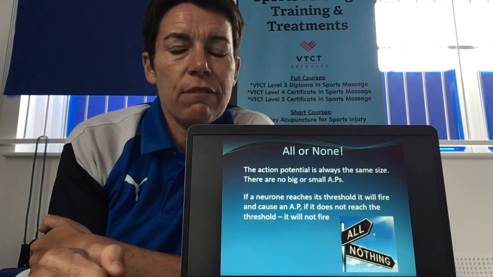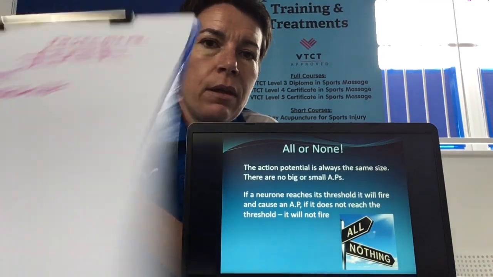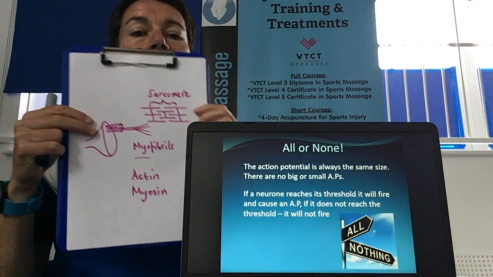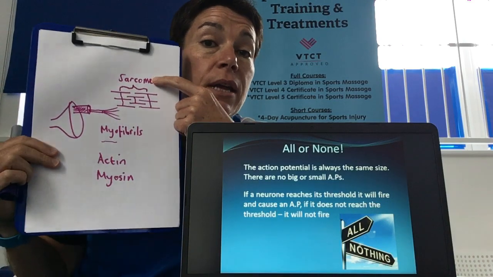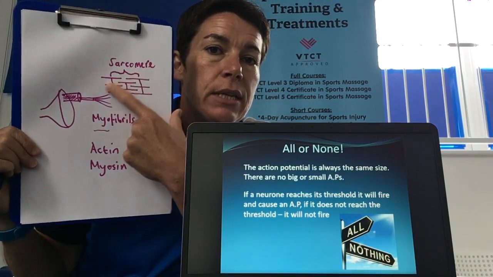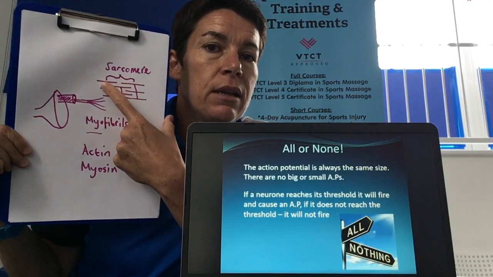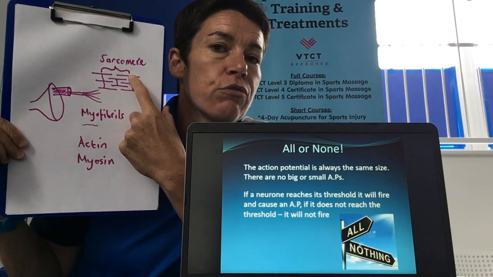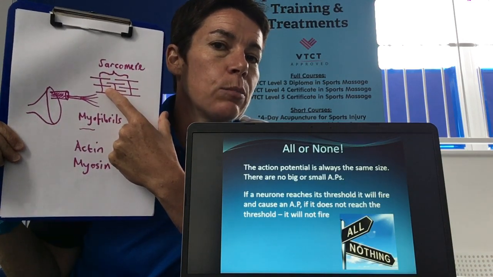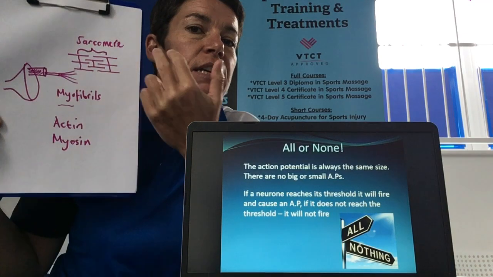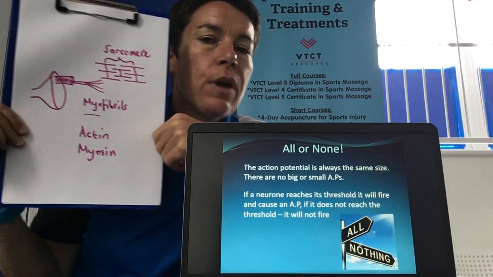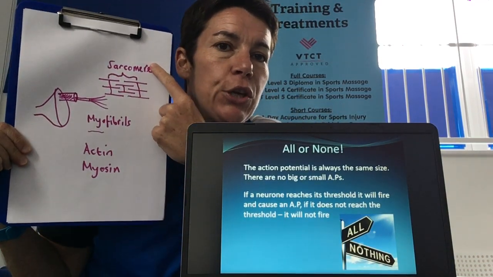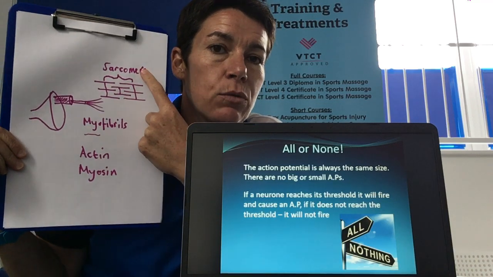Okay, so for the sliding filament theory, here's the important bits. We've got the sarcomere, they're the units, thousands of units that you will see as stripes or striations that make up skeletal muscle fibres. There'll be a series of these through the whole muscle. So a sarcomere is a unit. What happens when a muscle shortens?